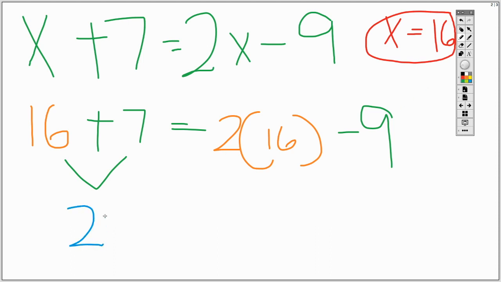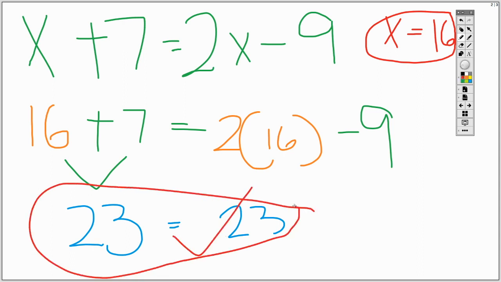Okay, 23. Then 2 times 16 equals 32 minus 9, which would go to 23. And does 23 equal 23? Yes, it does. So our answer is correct.